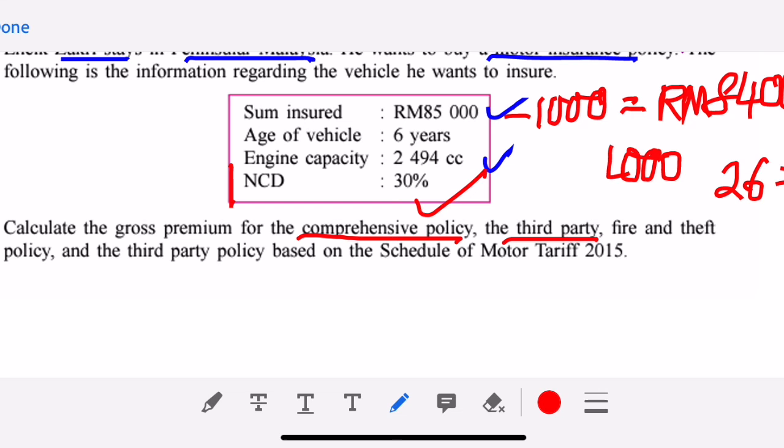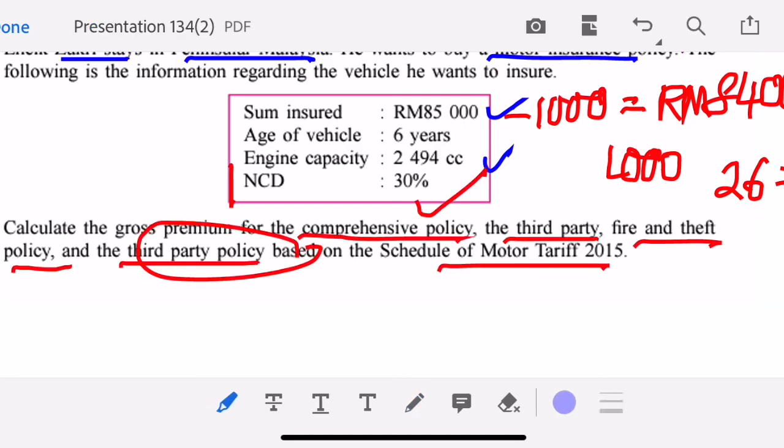This one third party also we just calculated. And then the last one is the third party policy. So for this one we have to refer to the table first.